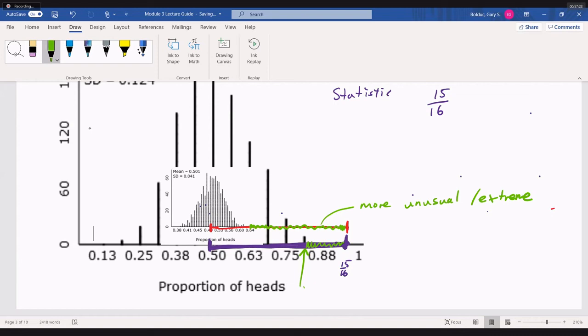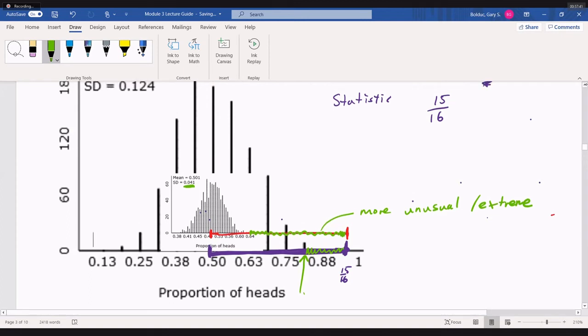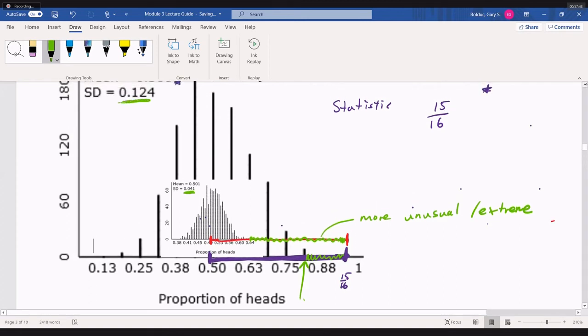So let me say it again. If my chance model is compact, small standard deviation, look at the standard deviation, it's really tiny, then being far away seems even more extreme than if my distribution, my big one, had a slightly bigger standard deviation, because that means my data is more spread out and I look more normal.